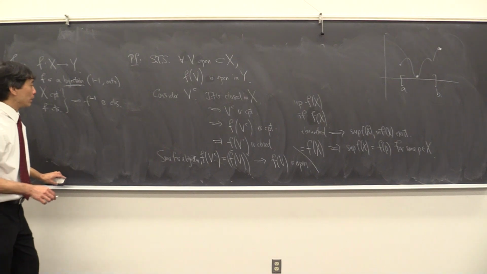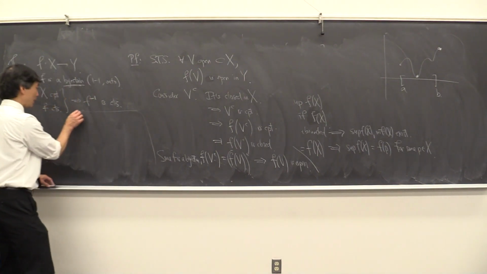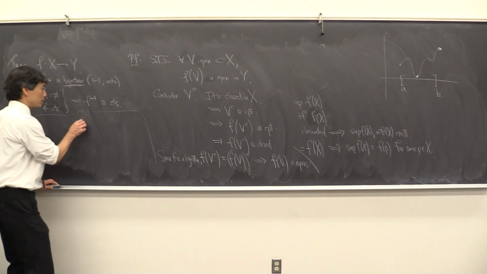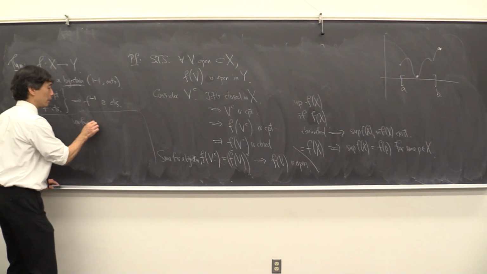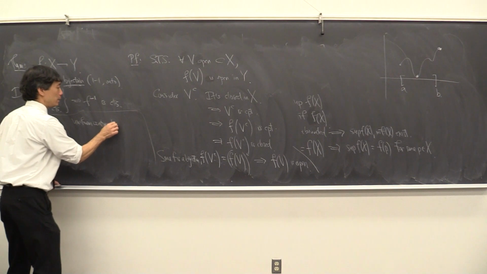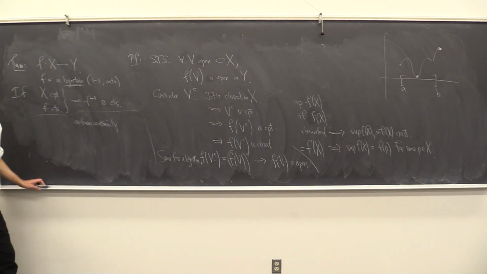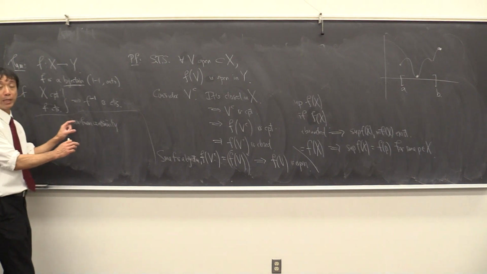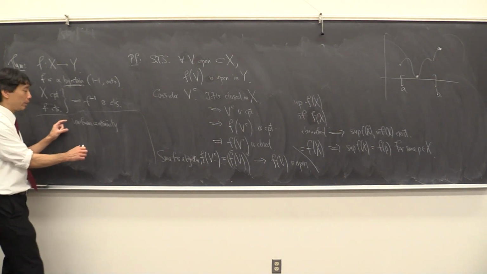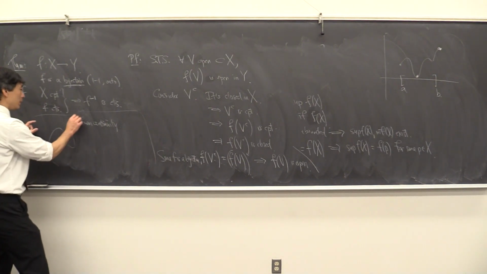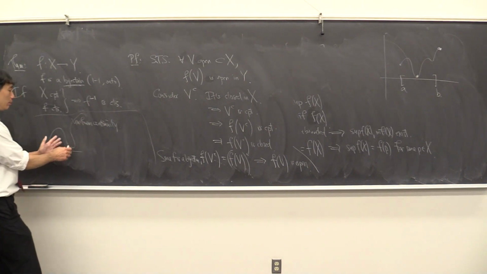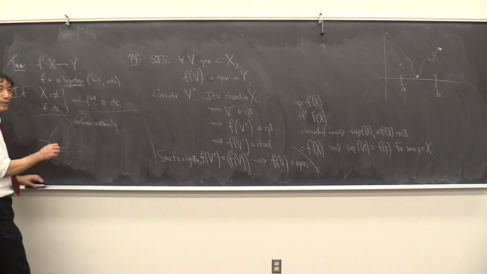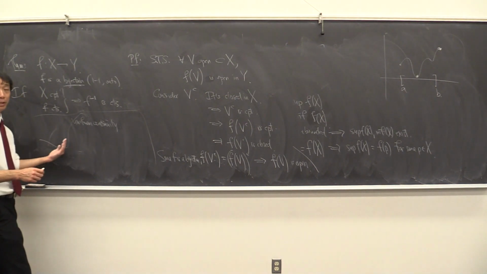Okay, next time we're going to start off with the main result about continuity, which is something called uniform continuity. And this has to do with what I was alluding to earlier about how the delta changes depending on the point. If you have some function, the delta depends on the point.